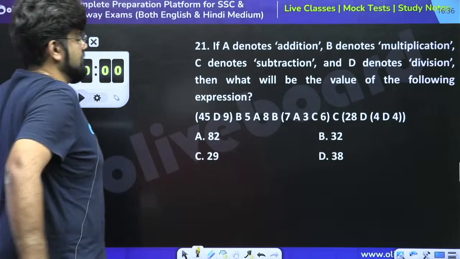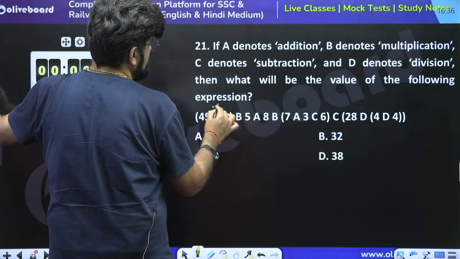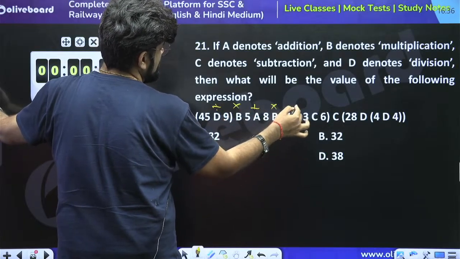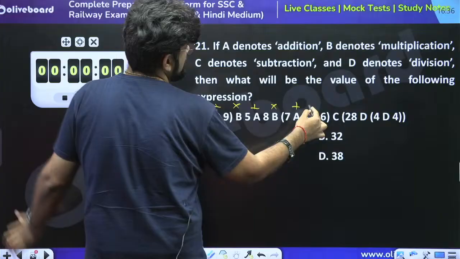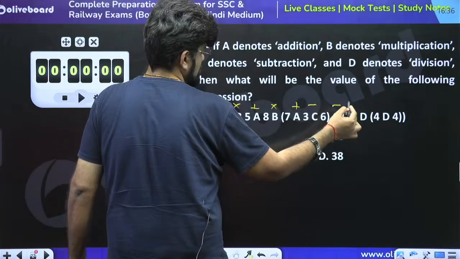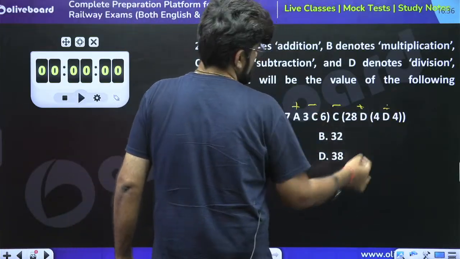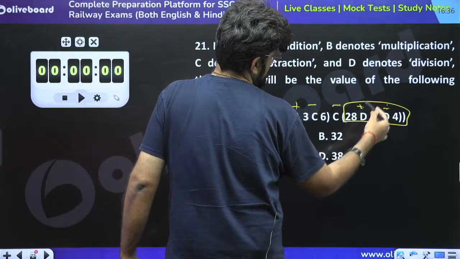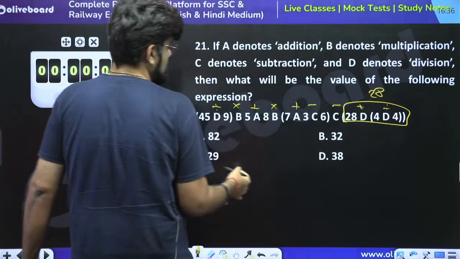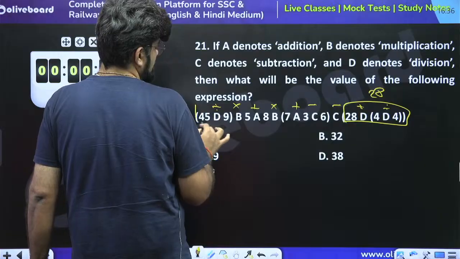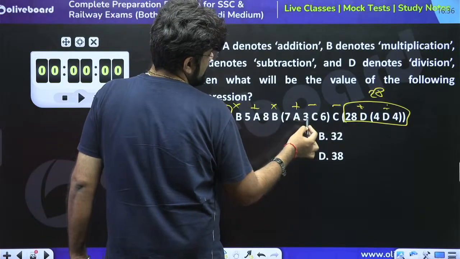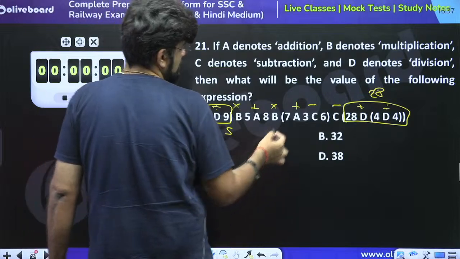Good, I am happy. D denotes division, B denotes multiplication, A denotes addition, B denotes multiplication, A denotes addition, C denotes subtraction, D denotes division. So we will start. 4 divided by 4 is 1, 28 divided by 1 is 28. Okay. 45 divided by 9 is 5. And 7 plus 3 minus 6. So this is 10 minus 6 is 4.